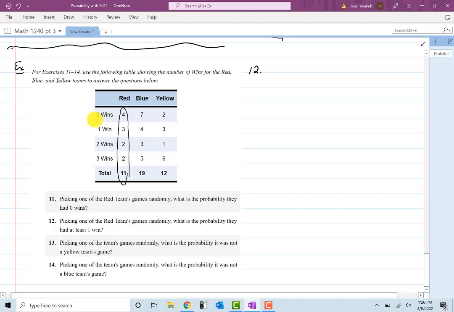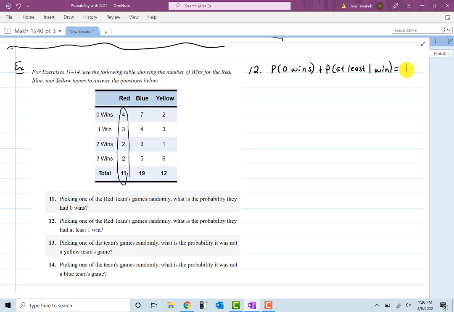So what we could do is the probability of 0 wins plus the probability of at least 1 win. That equals 1, since 0 wins or at least 1 win is the entire sample space, and when you intersect the two, or you take the and of the two of them, they have nothing in common.